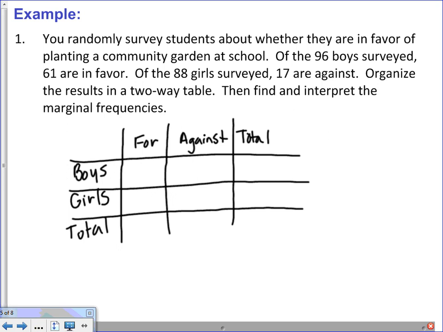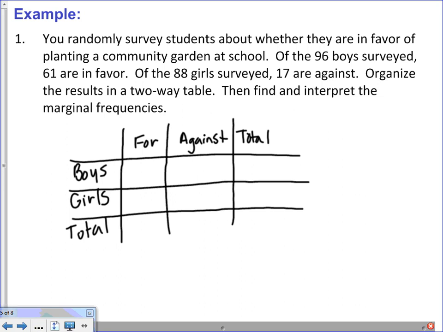And then once you've got that table set up, once you decide on your 2 categories, it's really just a matter of filling in the numbers. So similar to what you did from the Venn diagram. This time we don't have a Venn diagram, we just have information. If I read that second sentence, it says 96 boys surveyed, 61 are in favor.